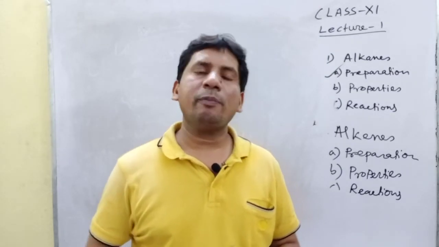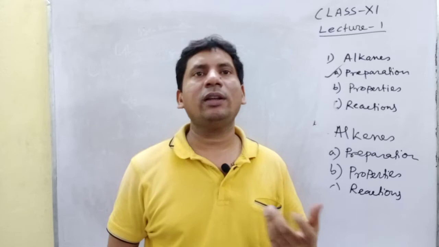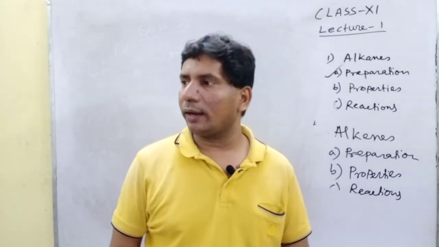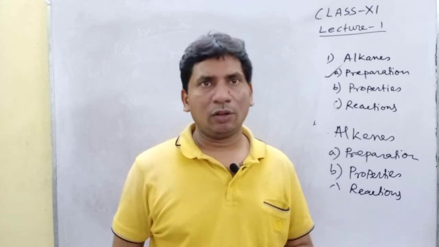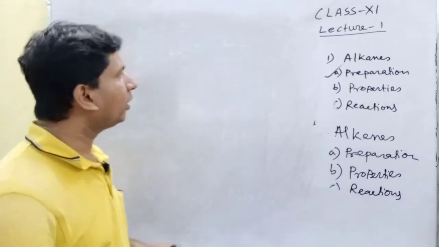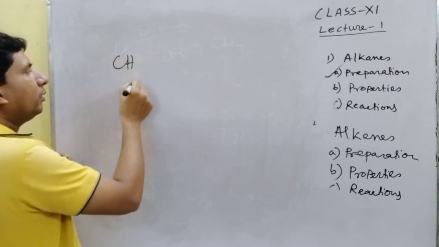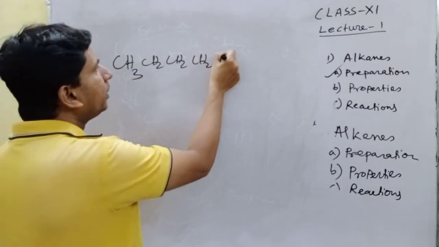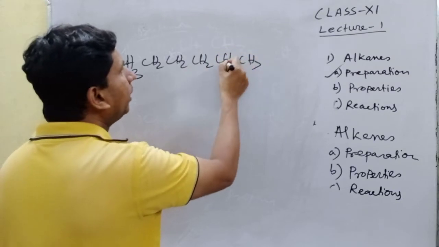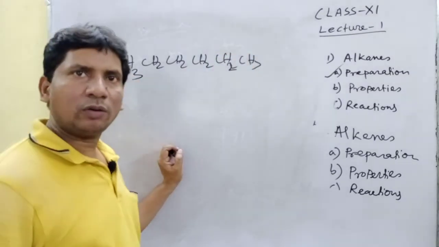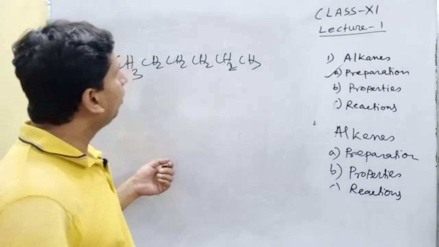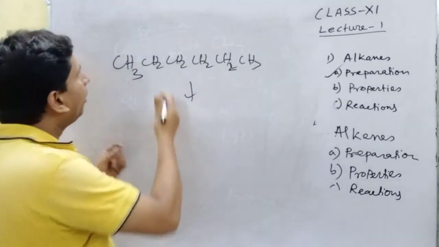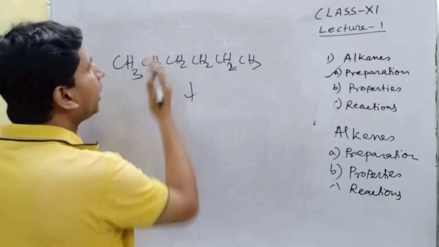And pyrolysis is also a reaction. Pyrolysis reaction means from the higher alkane we can get lower alkane also. Pyrolysis means cracking. Take CH3, CH2, CH2, CH2, CH2, CH3, a long chain compound. From this compound we can get different cracks.